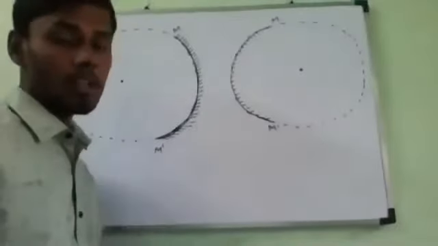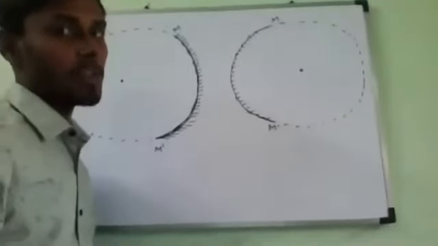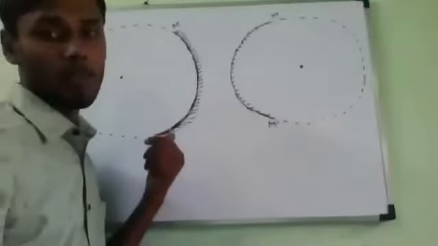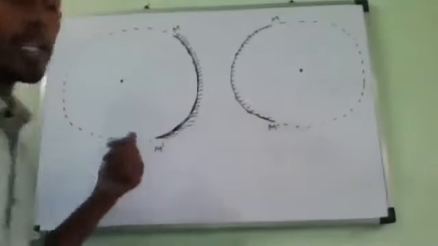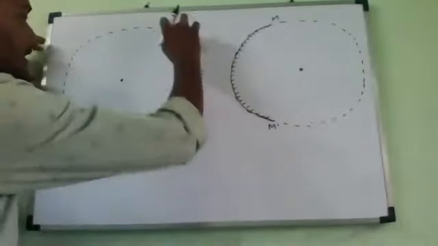As we know, the center of curvature of a spherical mirror is the center of the hollow sphere. The first terminology we are going to study is the center of curvature.